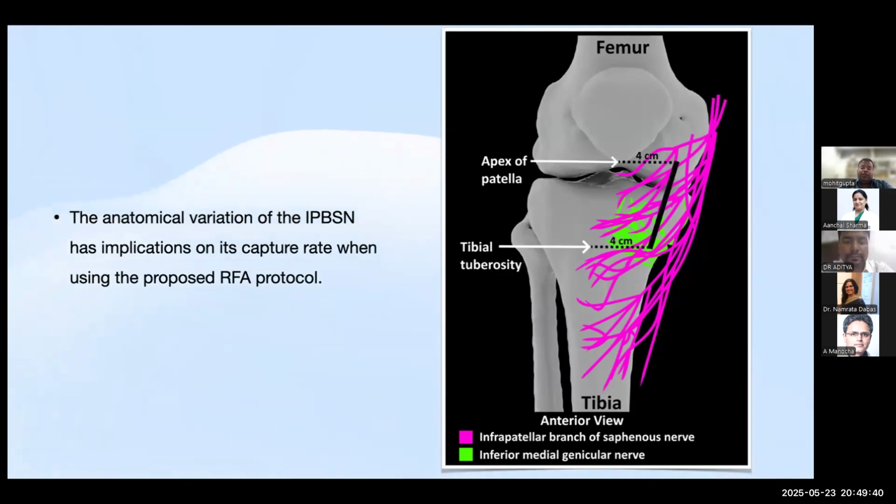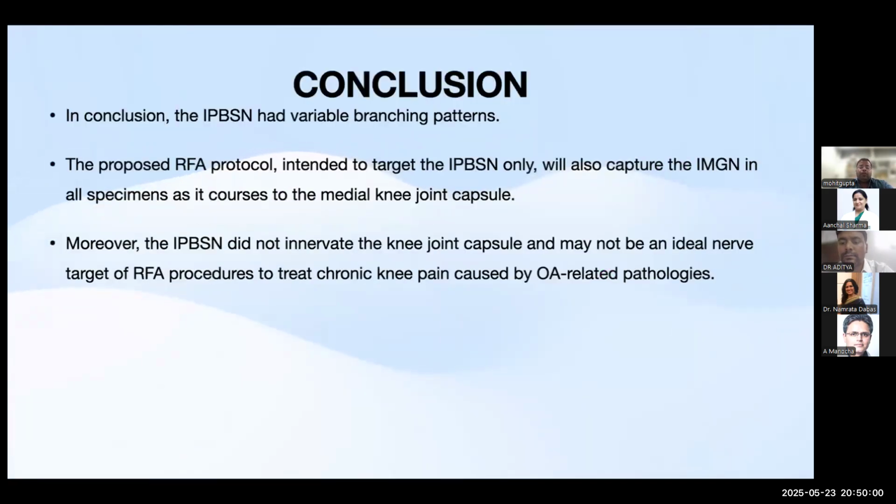As we can see, if we target the inframedial genicular nerve, the infrapatellar branch is very variable, and if we are trying to capture it, we may not be able to capture it sufficiently.